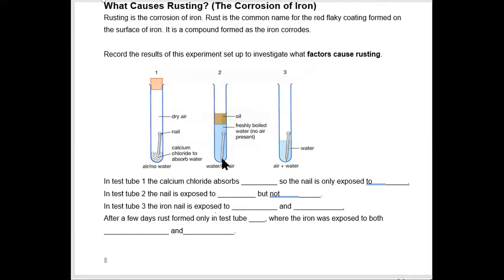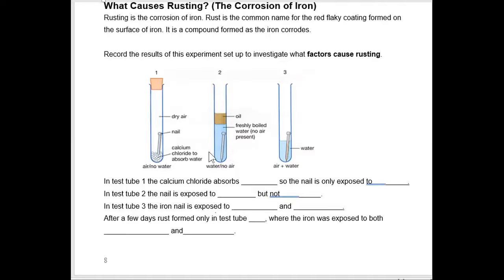This test tube here has a nail which has been placed in water which has been boiled. And through the process of boiling water, you actually reduce the concentration of oxygen in that water. You'll not completely eradicate the oxygen in the water, but you'll greatly reduce the amount of oxygen in the water.